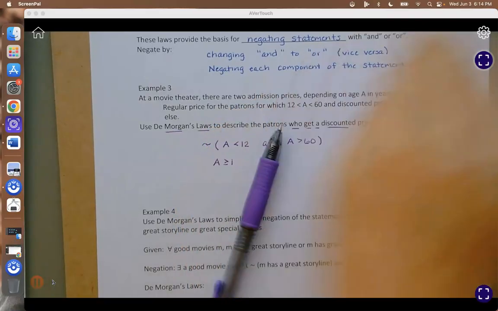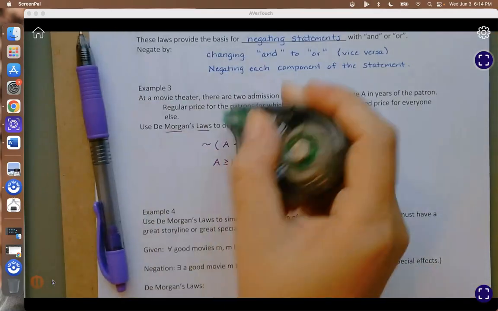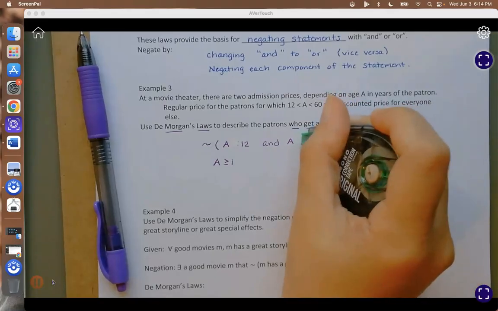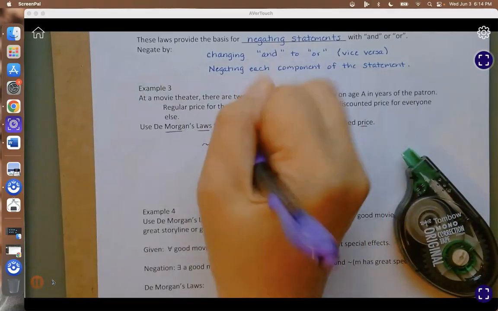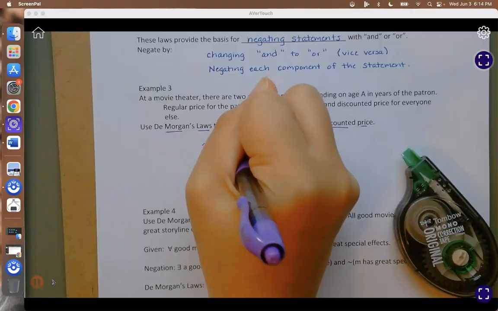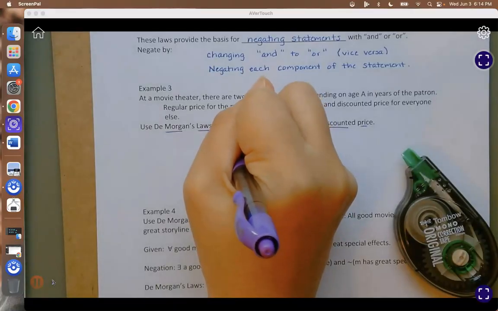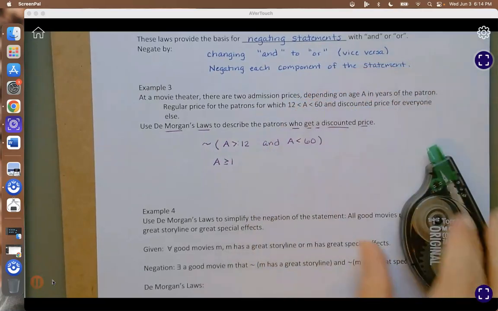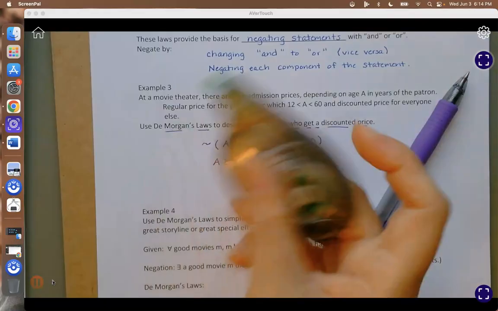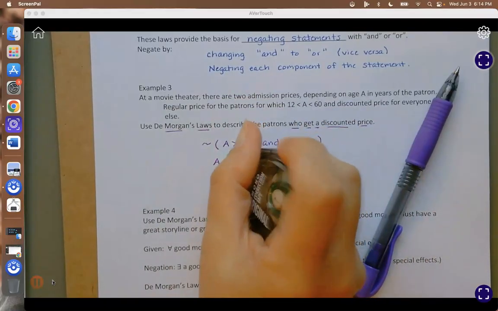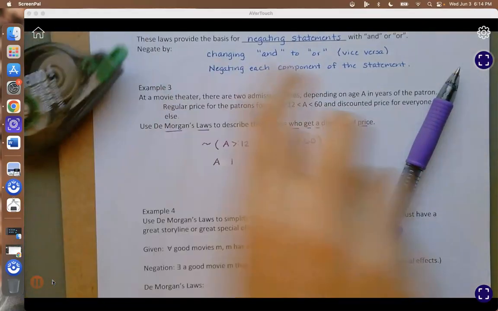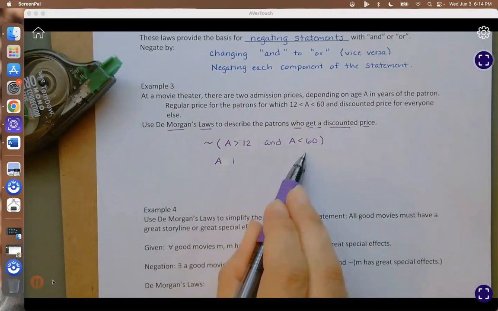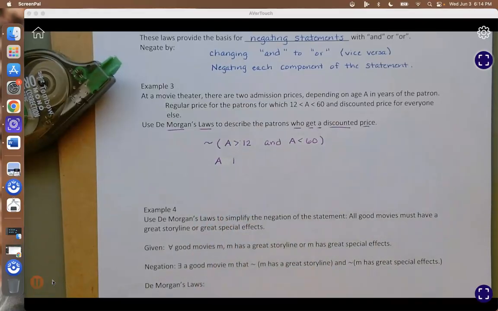Oh, wait a minute. I wrote that wrong. You're probably sitting there yelling at me. I was doing the people who get a discount. So the people greater than 12 and less than 60. All right. I was like, that doesn't make sense. I was writing the non-discounted ones. Okay. So, who doesn't get a discount? Those people. If you're older than 12 and less than 60, you don't get a discount.